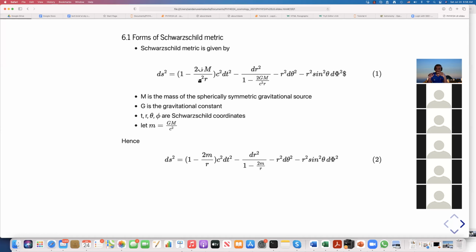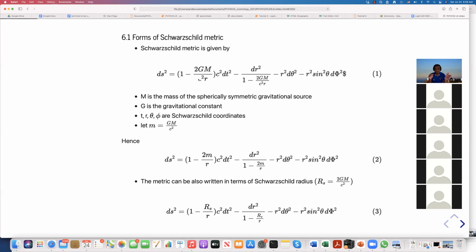So that whole term GM over c squared can be replaced with simple m, so that you can write the same metric just by changing the variables in this way. Now instead of having GM over c squared, you have simple m right here at this particular position, and here as well, right? So these are just different forms that we use in different situations depending on what we are doing with this metric.